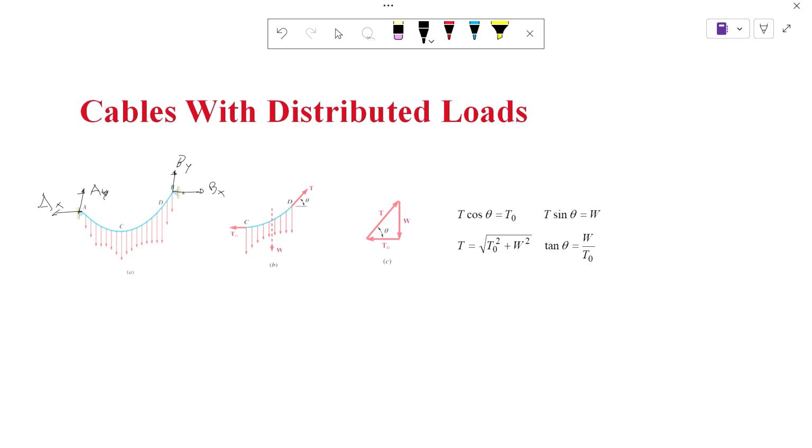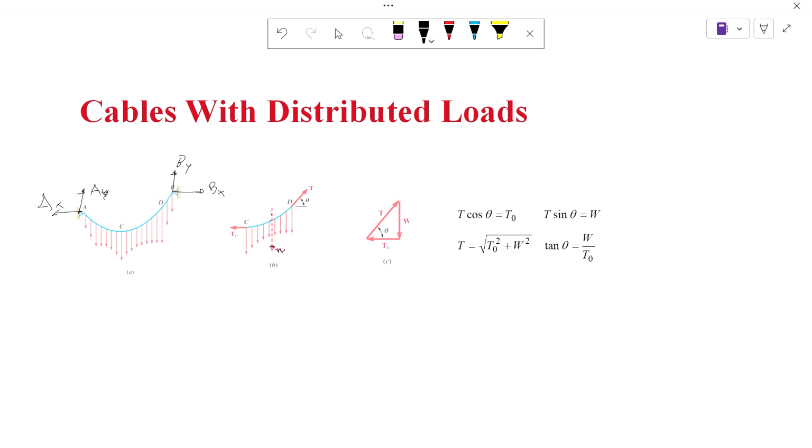So the cable itself is heavy, so it has a distributed load. Sometimes it's not very easy to characterize the load. So what we do is we approximate by, as we did before, a single load at a point.